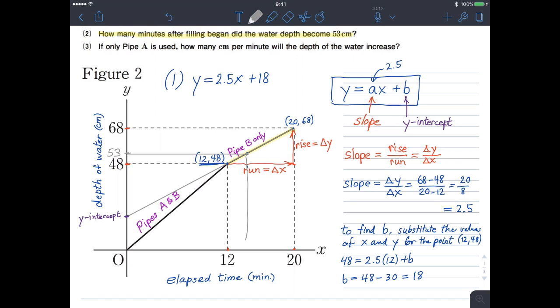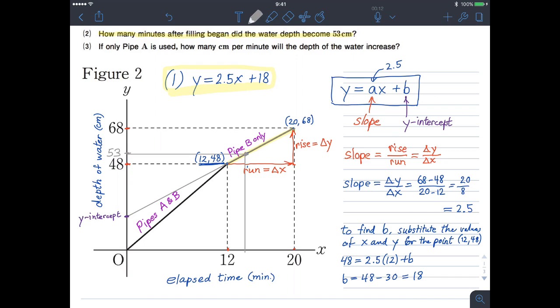And if we look at the x value in that case, it would be somewhere here. Since this is in the period between x greater than or equal to 12 and x less than or equal to 20, the expression that we found in part 1 applies.